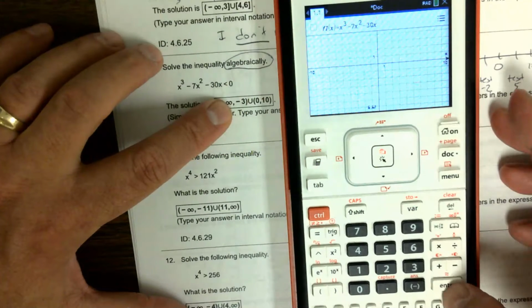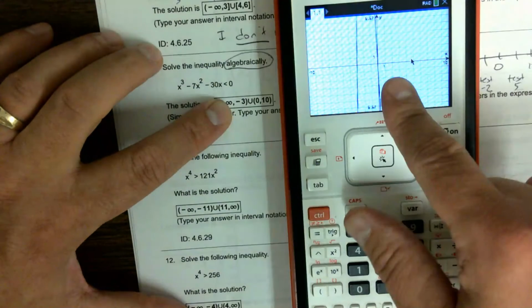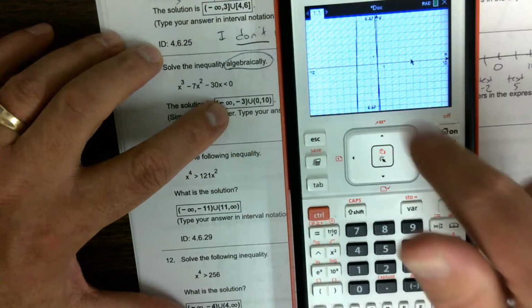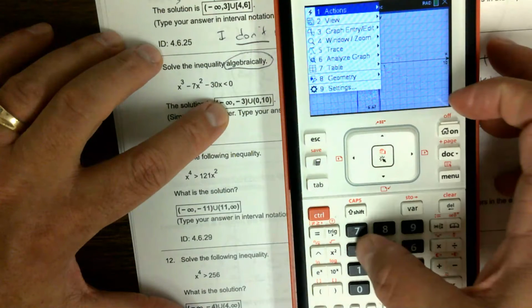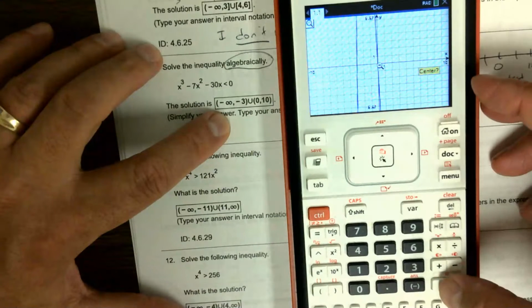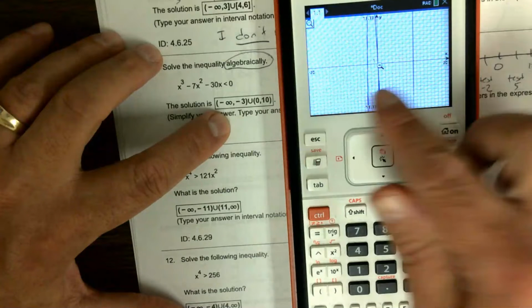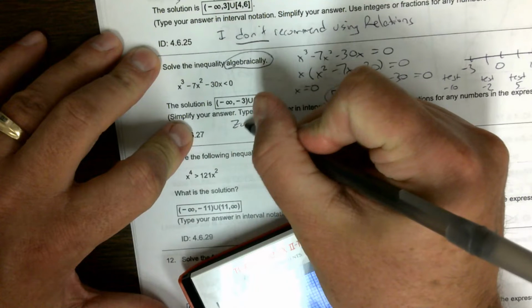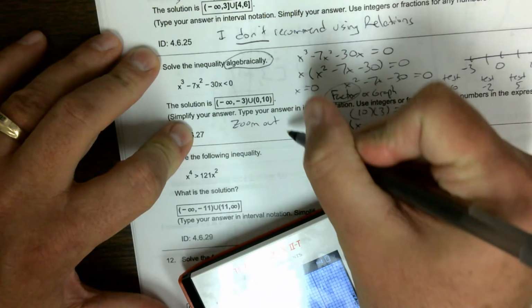Okay, there's our parts, and so far I just see 2 of them, which is why you might want to zoom out. Okay, now I can see 3 parts. So I'd say zoom out to see all 3.